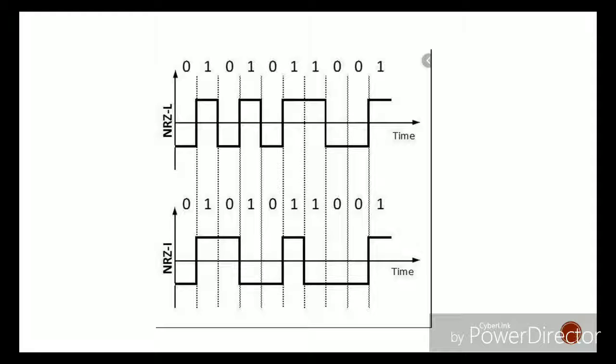The difference between unipolar and polar encoding is that polar encoding uses multiple voltage levels, whereas unipolar uses only a single voltage level. Binary values are represented in the form of a signal that has to be converted for the receiver who is going to receive it.